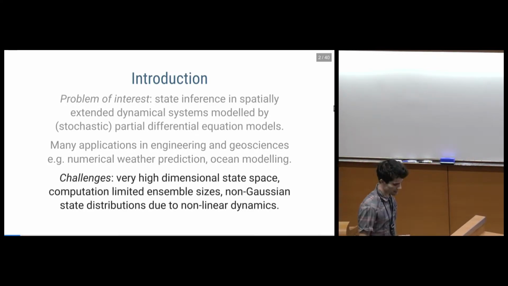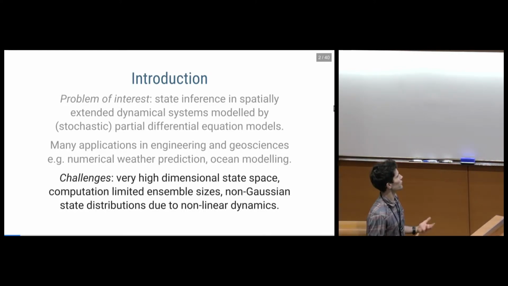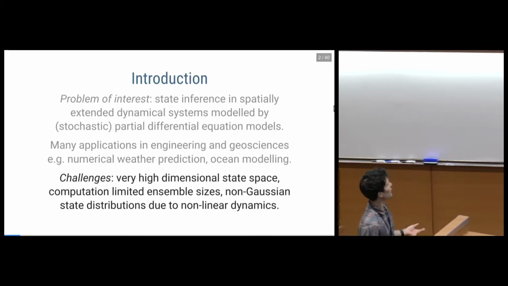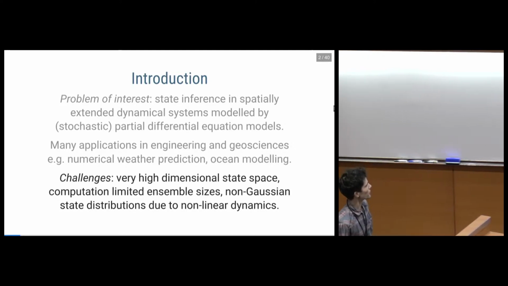The key challenges in that specific domain are that, as I said, the effective state space is going to be very high dimensional because we're typically looking at some spatial discretization of a continuous field. Often these models are very expensive to simulate, so we're going to have a computationally limited ensemble size. We're not going to be able to use lots of independent instances of this model because we don't have the computational budget for it.